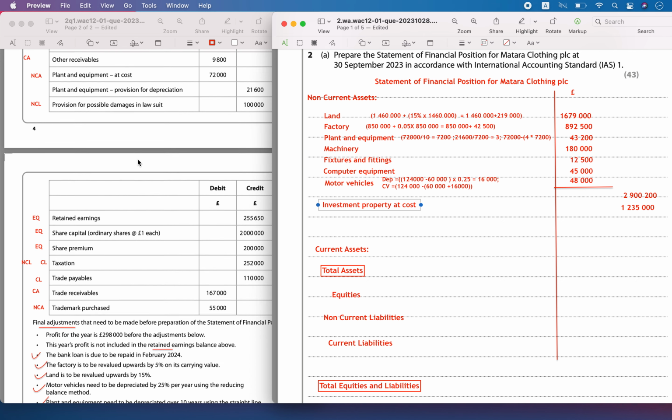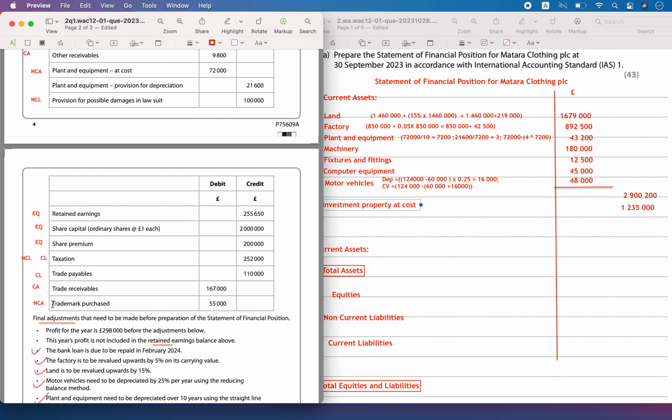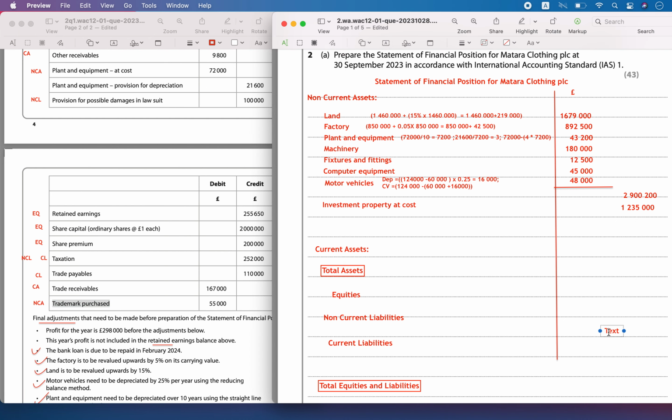Then you have the intangible assets, such as the trademark, which is also a non-current asset. These before were the tangible assets, the physical assets.